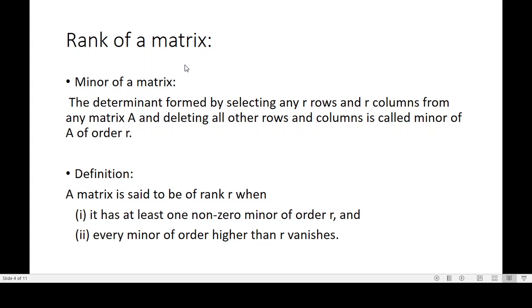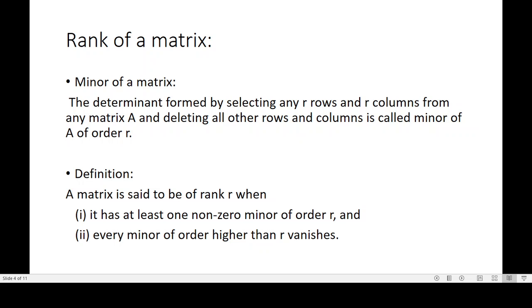Now, what is the definition of rank of a matrix? A matrix is said to be rank R when it has at least one non-zero minor of order R and every minor of order greater than R vanishes. Minor is obtained by deleting rows and columns of any matrix.